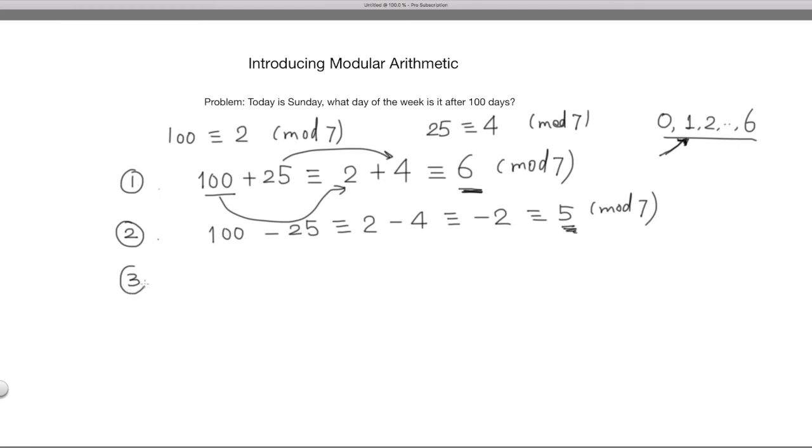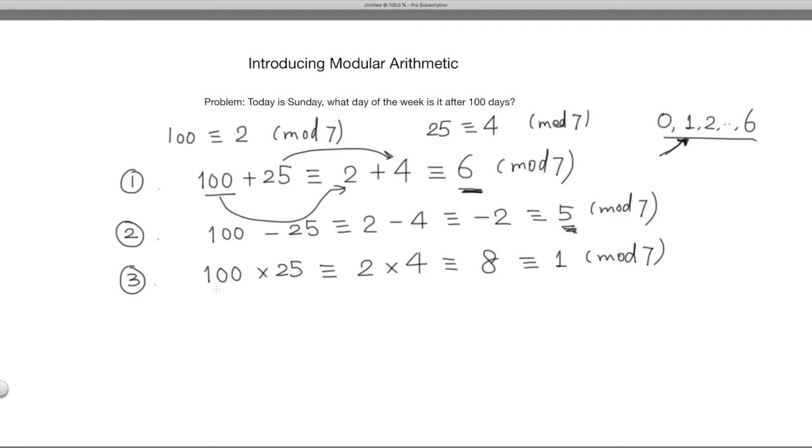Okay, the biggest benefit comes from multiplication. So let's see, 100 times 25. If we want to ask what's the remainder of this number divided by 7, this is the same as 2 times 4, which is 8. Of course, that's 1 mod 7. Now here you see a huge benefit, right?